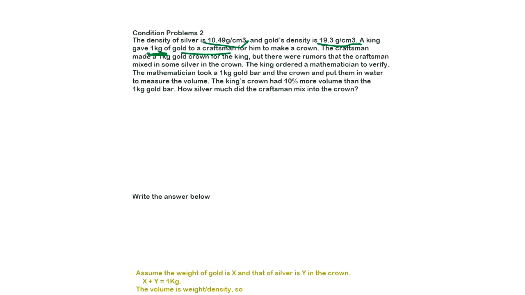The mathematician took a 1 kilogram gold bar and the crown and put them in water to measure the volume. The king's crown had 10% more volume than the 1 kilogram bar. How much silver did the craftsman mix into the crown?